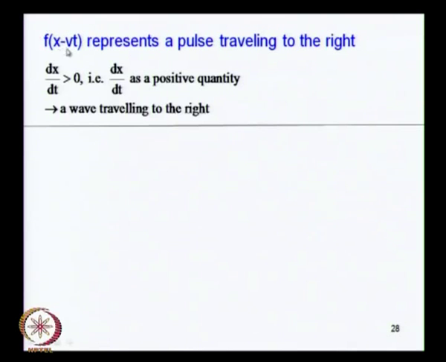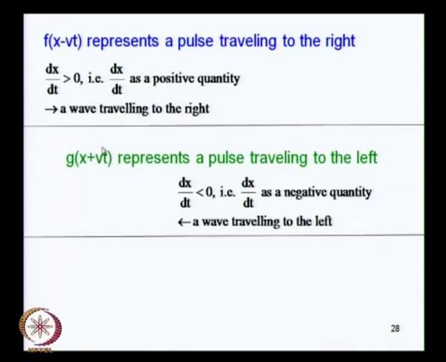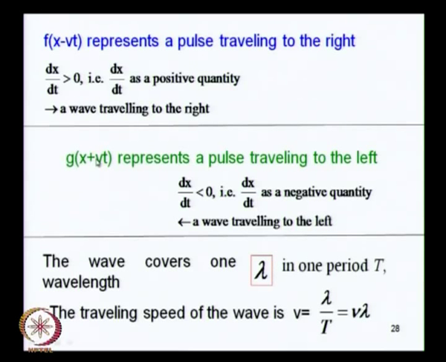If the functional form is generally given by x minus vt, which is some description of a pulse, then if dx by dt is positive, you have a pulse which is travelling to the right, and if you have a function where this sign is plus, then dx by dt will be less than 0 and you will have a pulse which is travelling to the left. So, a function f of x minus vt will be a pulse travelling to the right, whereas a function g of x plus vt will be a pulse which travels to the left.